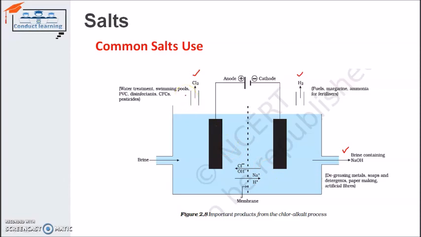Chlorine gas can be used for water treatment, swimming pools, PVC, CFCs and pesticides. On the other hand, hydrogen gas can be used for fuels and ammonia for fertilizer, etc. And NaOH can be used for degreasing metals, soap and detergent making, paper making, and artificial fibers making, etc. Right?